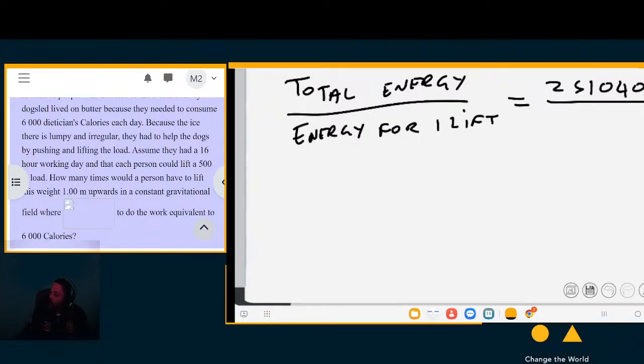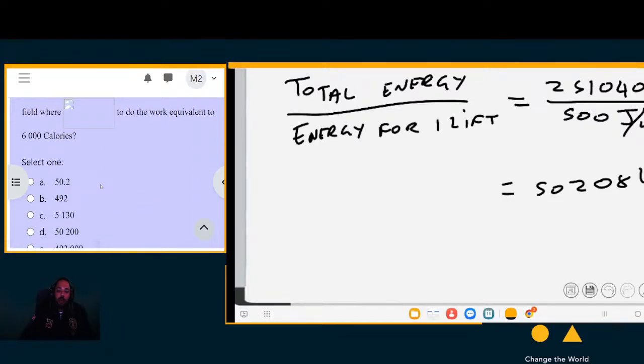That's how much energy they have every day. The energy required for one lift is 500 joules per lift. So if you divide those two, you will get the amount of lifts that they can do per day, and that is approximately 50,208 lifts that they can perform per day to help the dogs. That is the amount of lifts that this team of people can do per day.